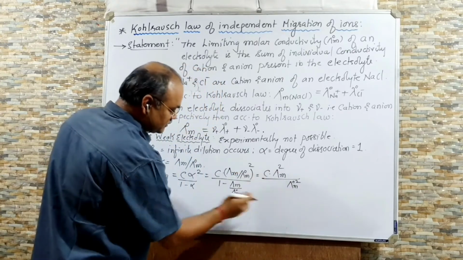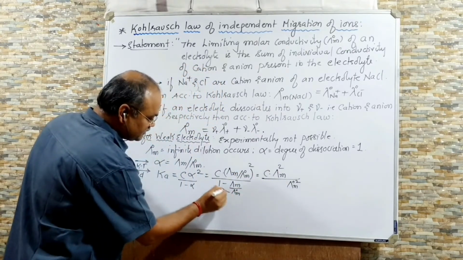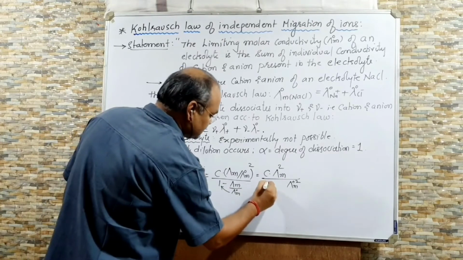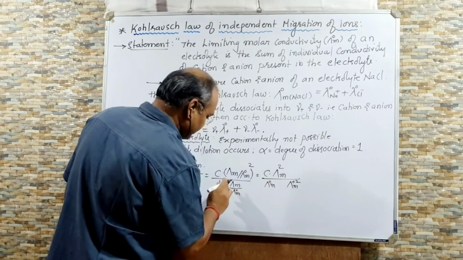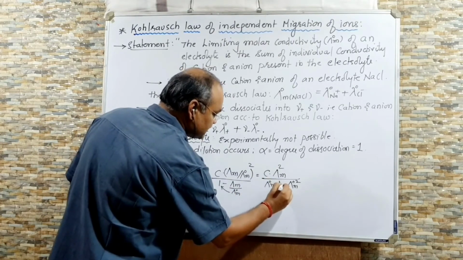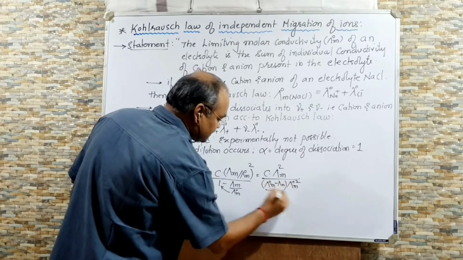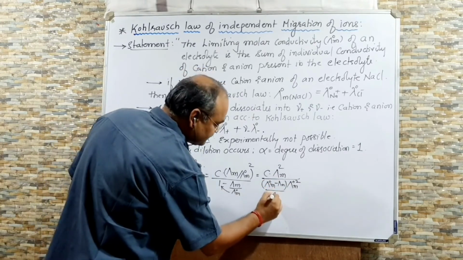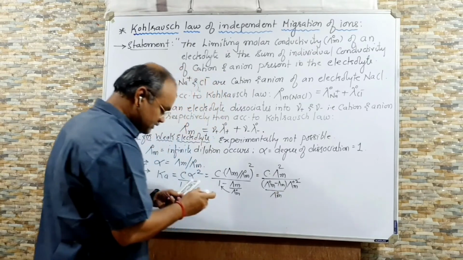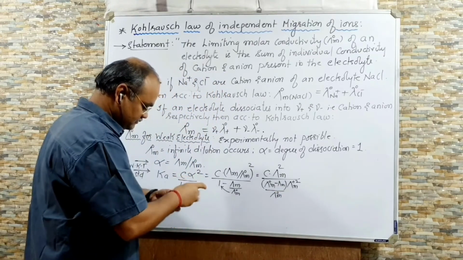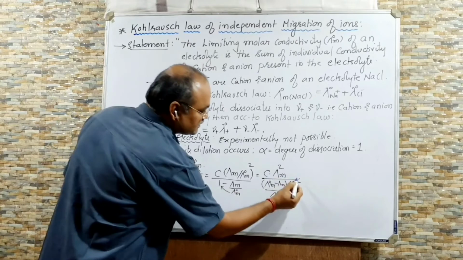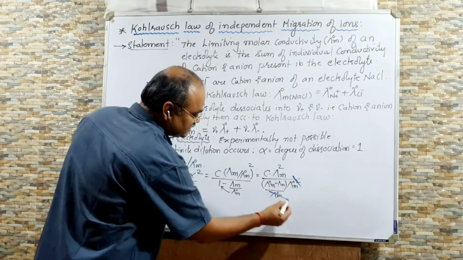Taking cross multiplication, lambda 0 m minus lambda m divided by lambda 0 m. Now you can see here, this lambda 0 m will be cancelled.